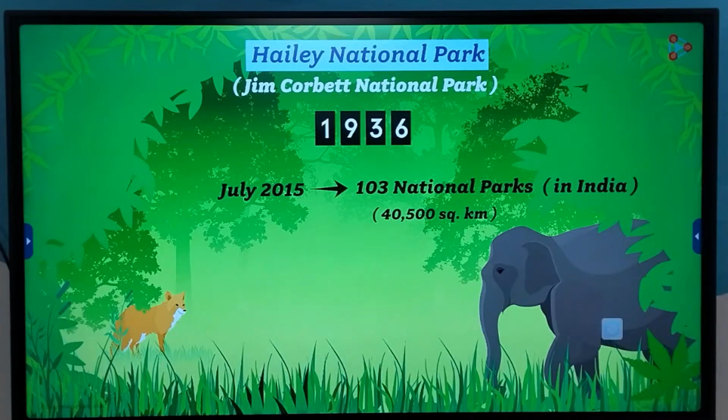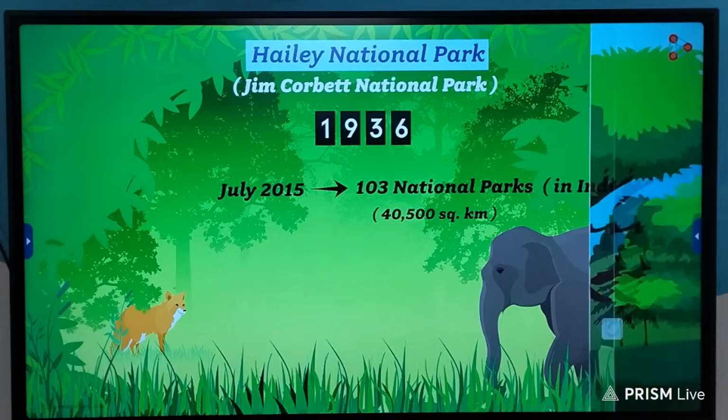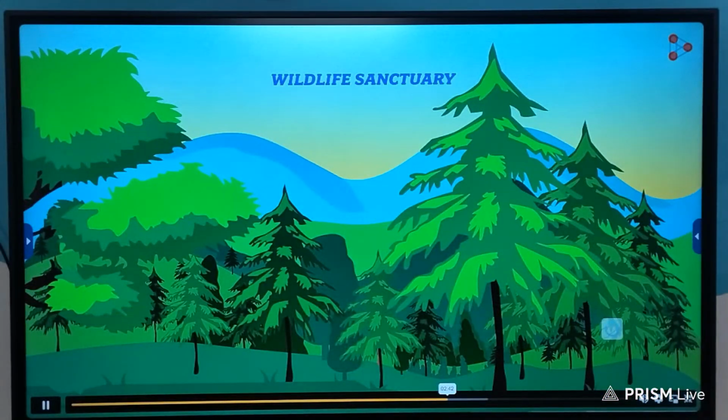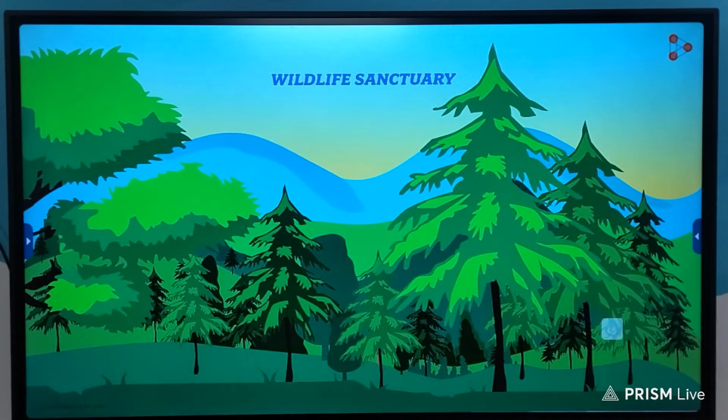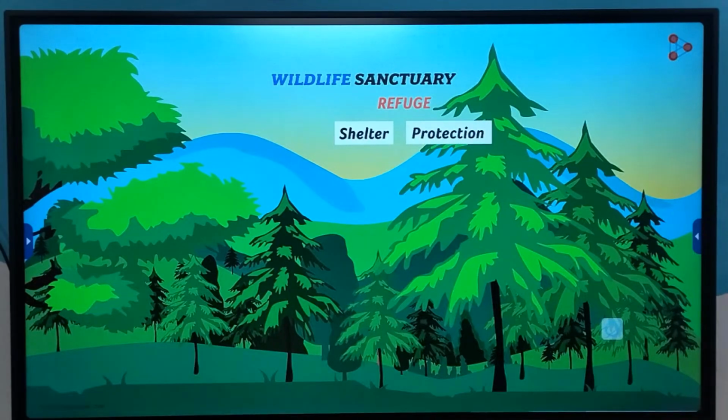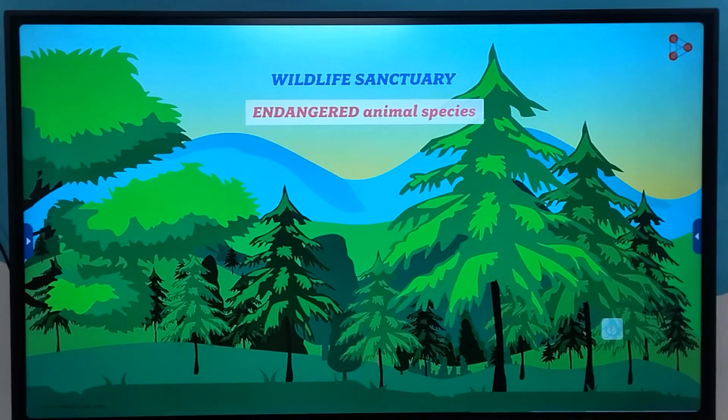Now that you know what a national park is, let us look at the idea of wildlife sanctuary. The name itself tells you that this type of area concentrates its attention to the wildlife in it. What do we mean by sanctuary? The word sanctuary means a refuge. It is a place where animals find both shelter and protection. Which animals do you think will need such kind of protection? The endangered animal species.